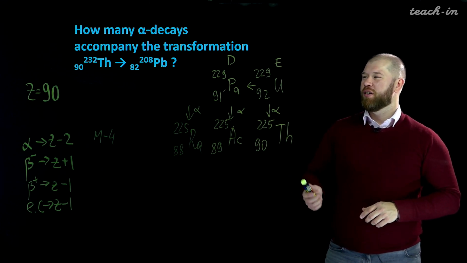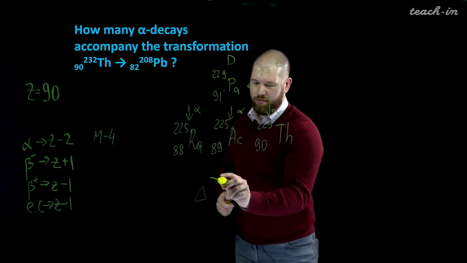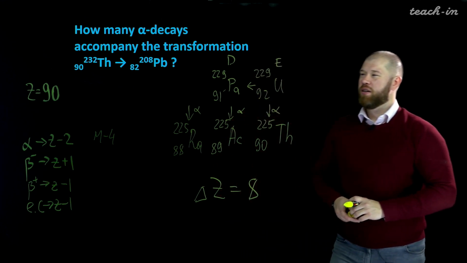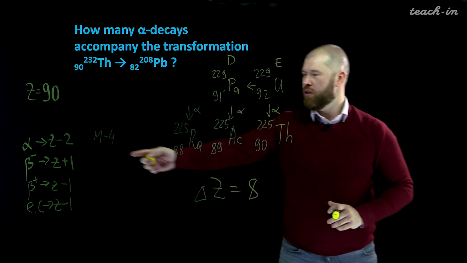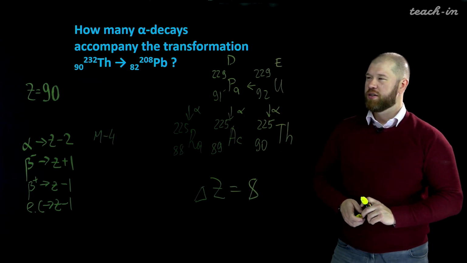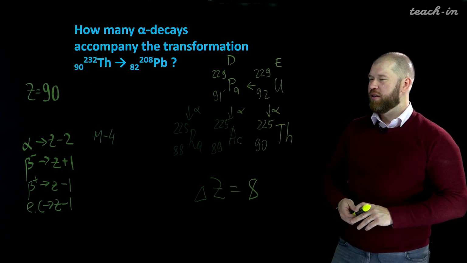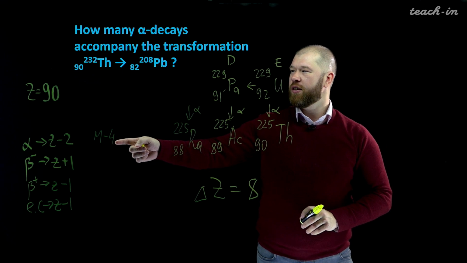So you can calculate that the difference in charge is 8, and you can assume that it was only 4 alpha decays. But it is wrong, because if we calculate the difference in mass, it will be 16.